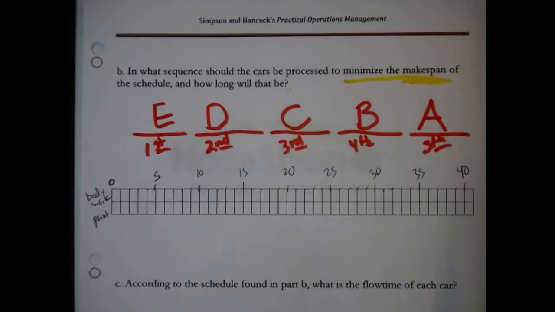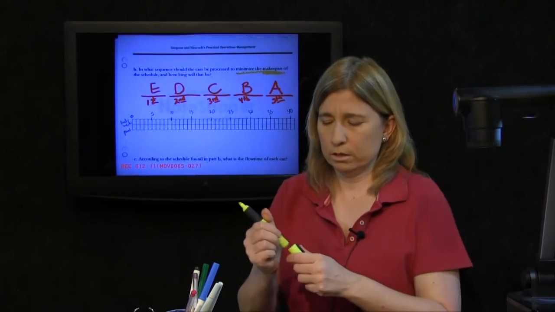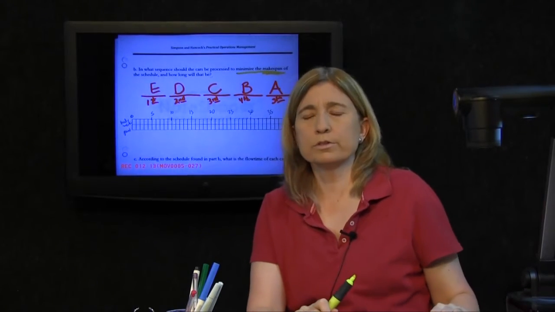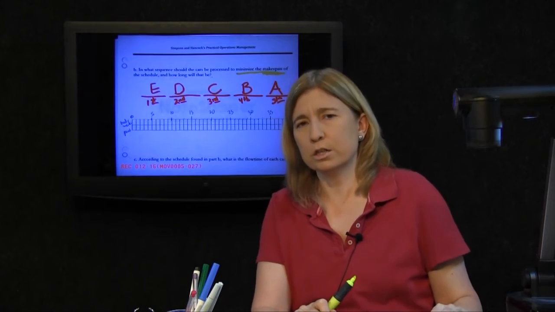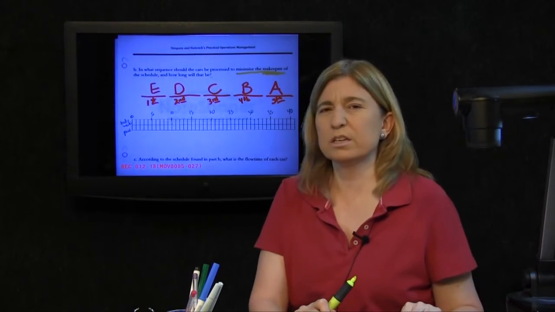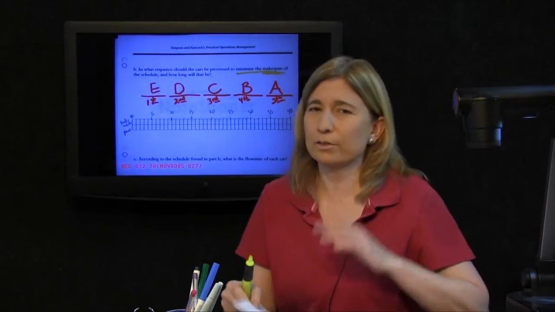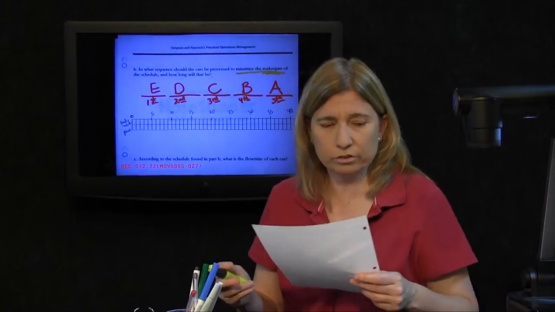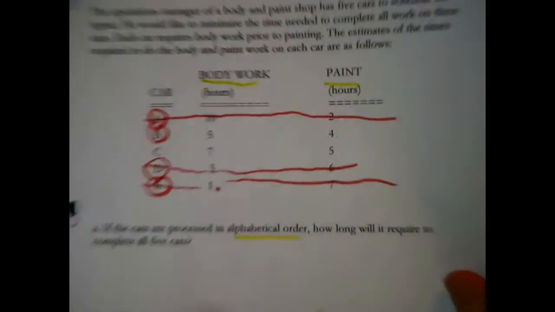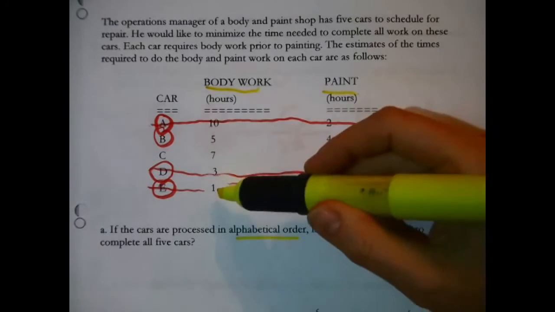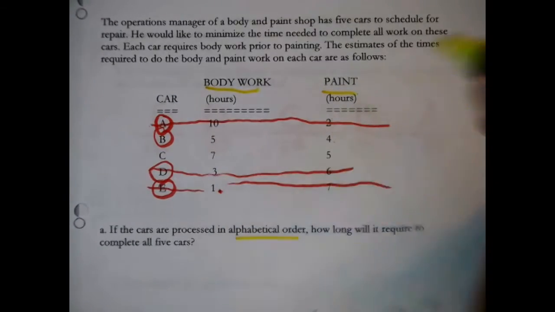Okay, now we look at the sequence. Who is the first car in the sequence? Okay, now it's E. Okay, look at the data that we only lightly crossed off so we can still read it. E is 1 hour worth of body work and 7 hours worth of painting.